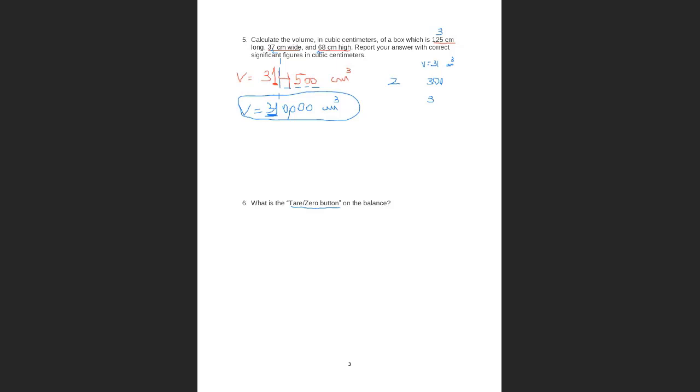It allows you to zero out the balance with something on it. So exactly, you have a beaker, you tare the balance, and then when you add the mass, only the mass of the sample appears on the balance.